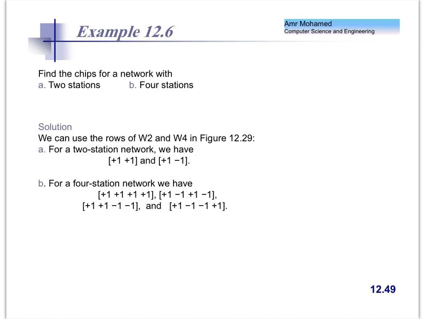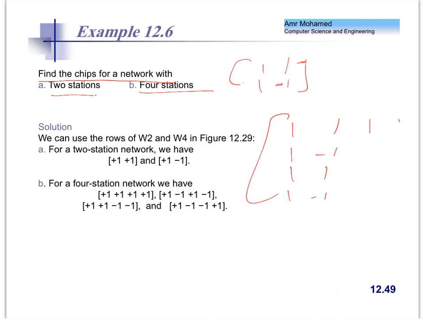So if we want to find the chips or the CDMA codes for a network with 2 stations, easy, we talked about it: 1, 1, 1, -1. For 4 stations, we repeat this, so it becomes 1, 1, 1, -1, 1, 1, 1, -1, 1, 1, 1, -1, and then -1, -1, -1, 1.